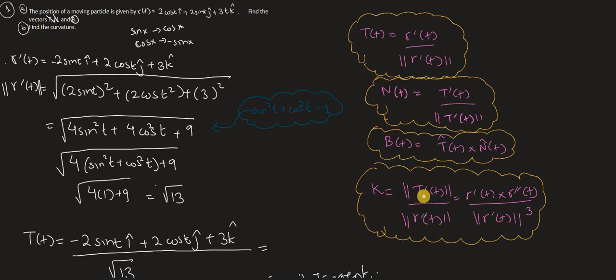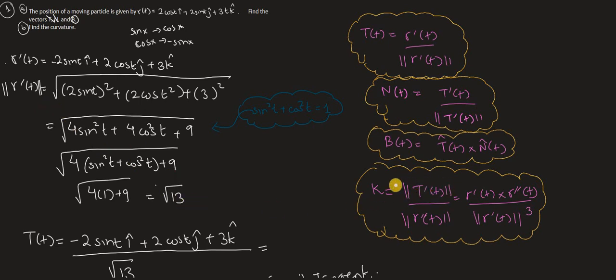And to find the curvature, if we're given the tangent vector, in this case we just calculated it, we need to find the derivative and the magnitude of it. We're given this as well because we calculated it for the normal vector. So we have the magnitude of the derivative of the tangent vector, and we need to divide it by the magnitude of the derivative of the vector function, which we calculated here as well, which was square root of 13, right?